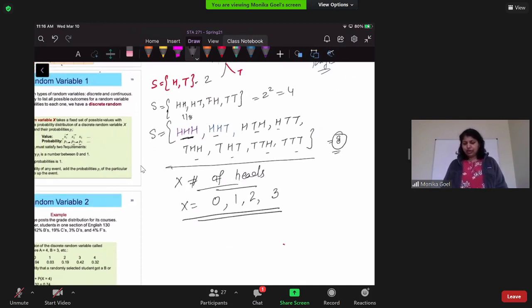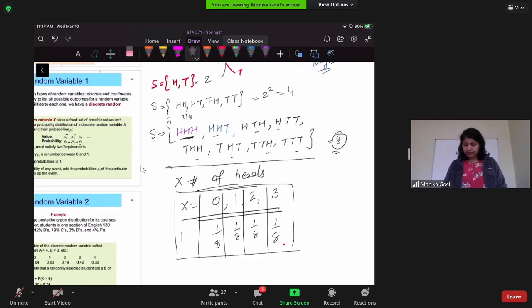So now just looking at that, can I say the probability of getting no head is 1/8, 1 head is also 1/8, 2 heads is also 1/8, and 3 heads is also 1/8? Can we say that? Do you think it's a right probability model?